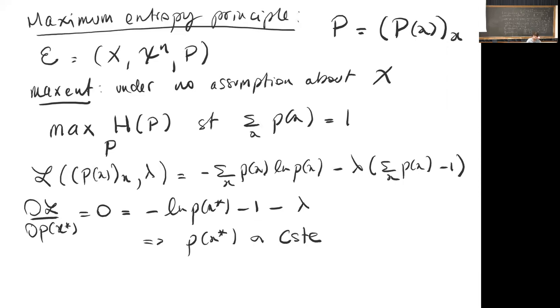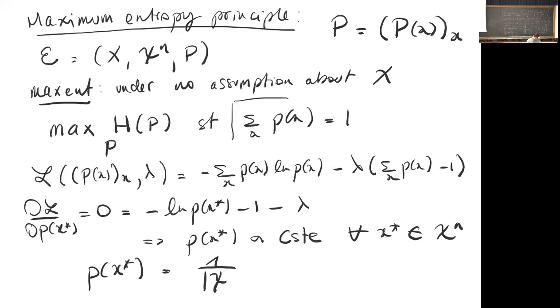But now we use our last equation, because we obtain this for each x star that belongs to the set of possible outcomes. Using the constraint, P of x star by normalization must be equal to 1 over this cardinal.